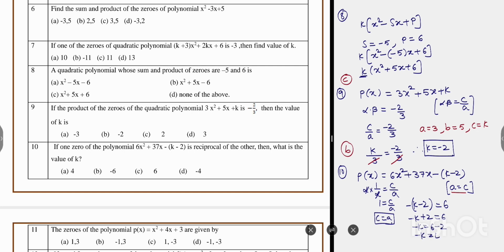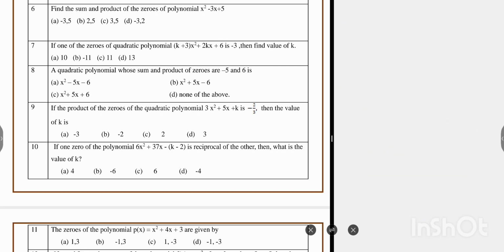Minus K is equal to 4. Therefore K is equal to minus 4. Option D. So from now onwards you have to remember, whenever one zero is the reciprocal of the other zero, we have to remember A is equal to C.